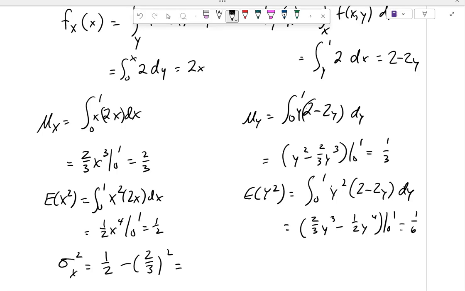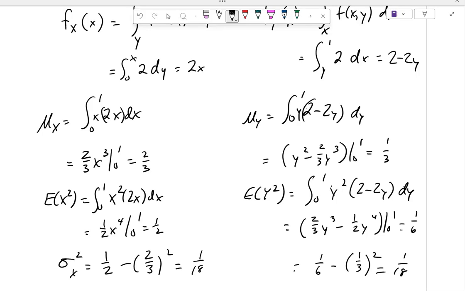A half is 9/18. 4/9 is 8/18. So I get 1/18 here. I do 1/6 minus 1/3 squared. Again, I can do 18ths. That's 3/18 minus 2/18. So I get an 18th.